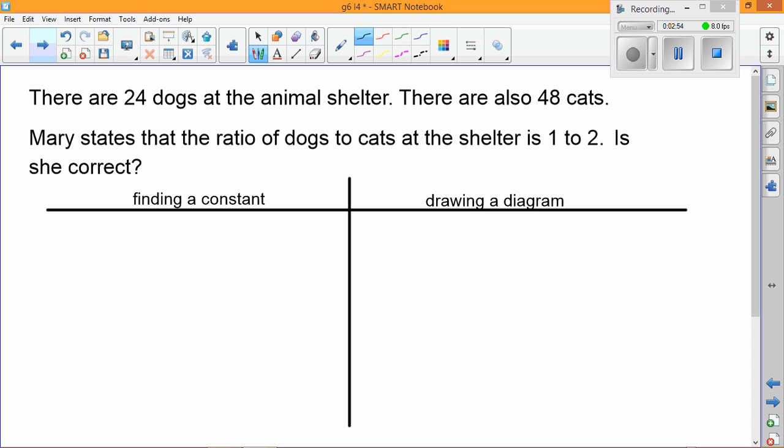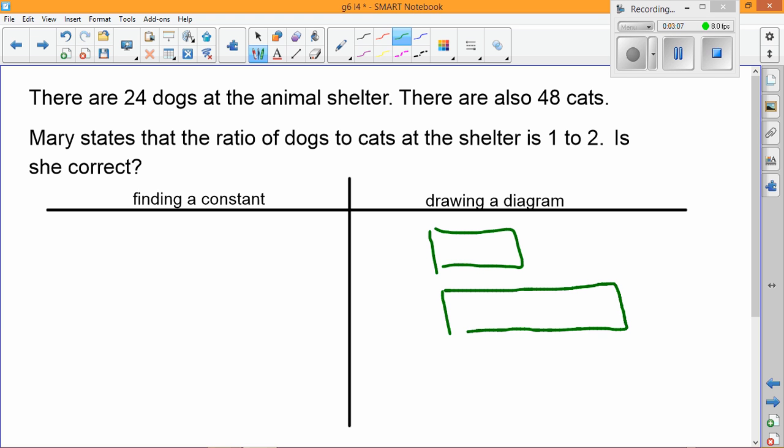When we draw a diagram, we want to label the parts. So the ratio would be 1 to 2. The top is the number of dogs, and the bottom is the number of cats. Now it states that there are 24 dogs.